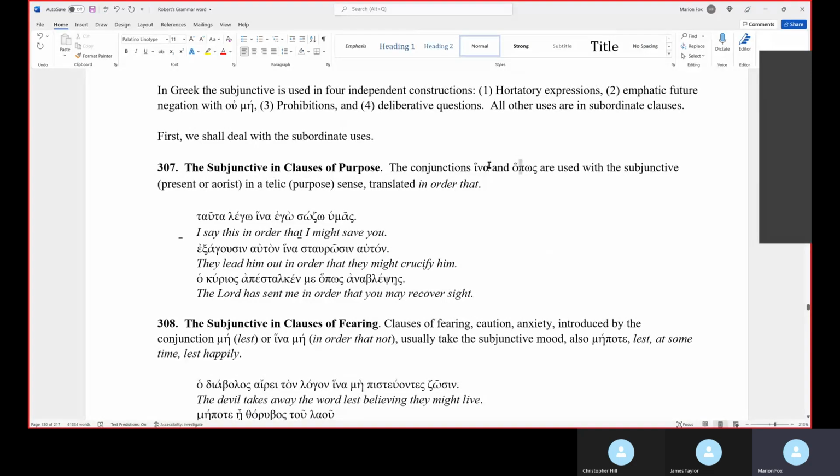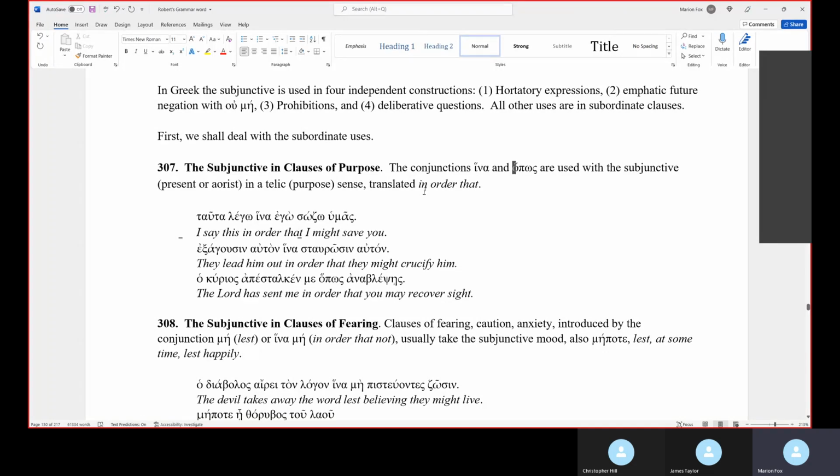Okay. Now, these two words, hina and hopos, go with subjunctive, and sometimes they may go with the optative, but I don't think they ever go with the indicative mood. I mean, a mood, the subjunctive mood, sometimes called mode in some writers. These both go with subjunctive, or sometimes the optative mood or mode.